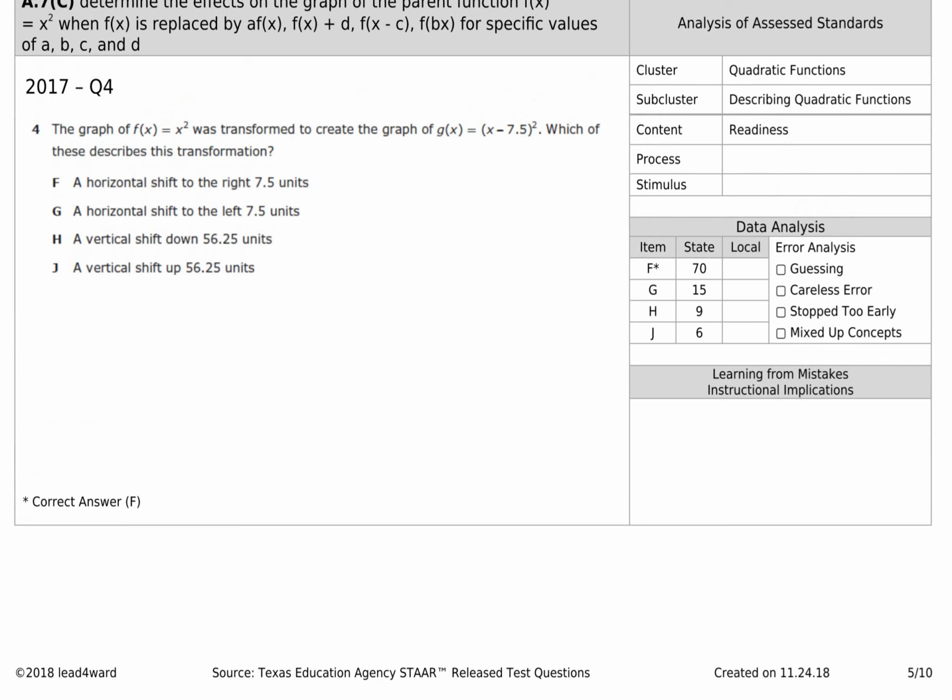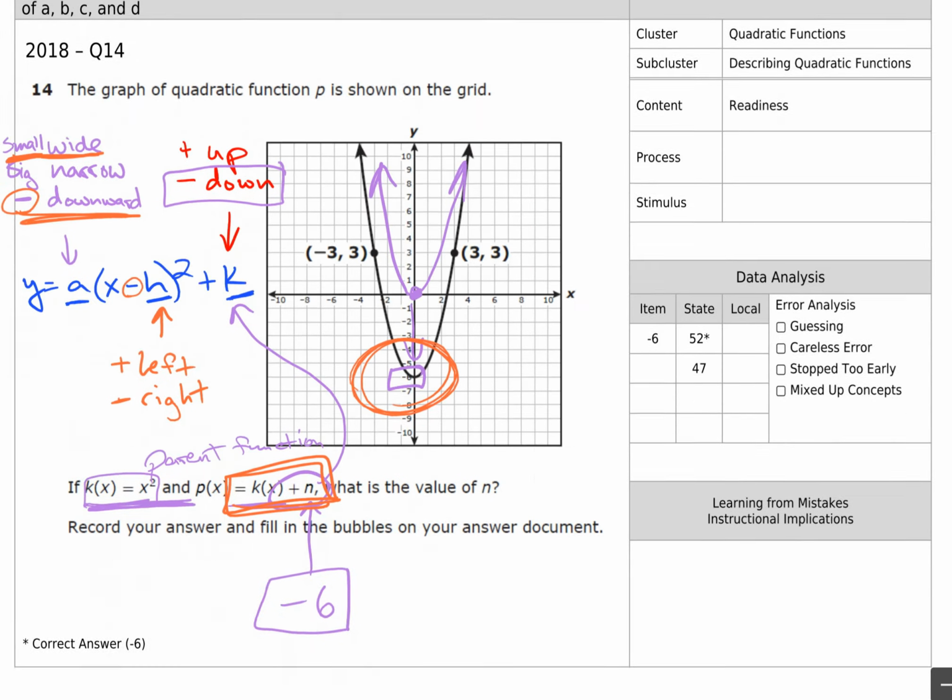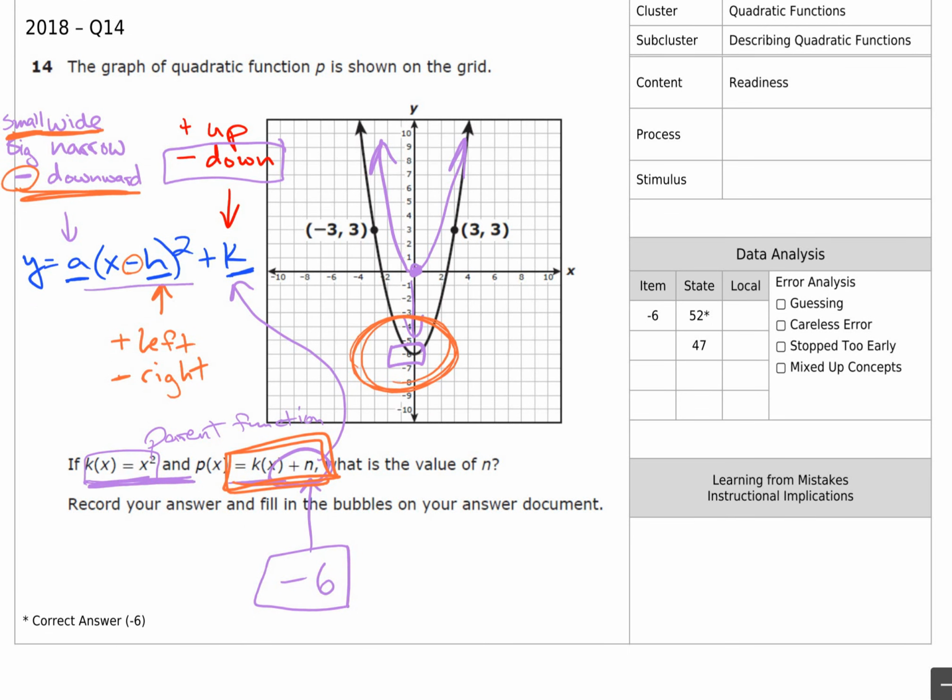All right, let's take a look at number 4. The graph of f of x equals x squared. We know that's the parent function. It's going through the origin, a nice even parabola. And then it gives us another one. It's inside the parentheses. So we remember what's happening when we are inside the parentheses.